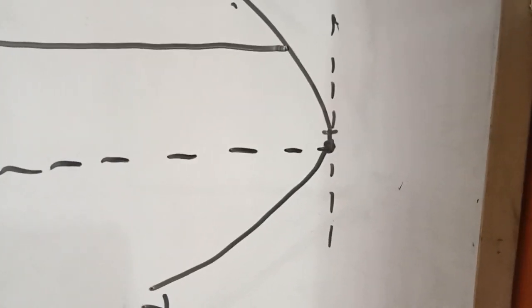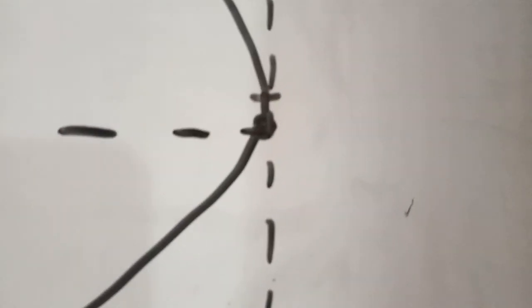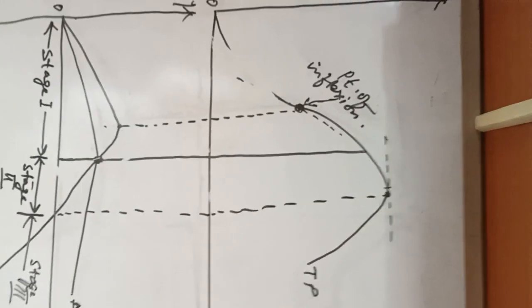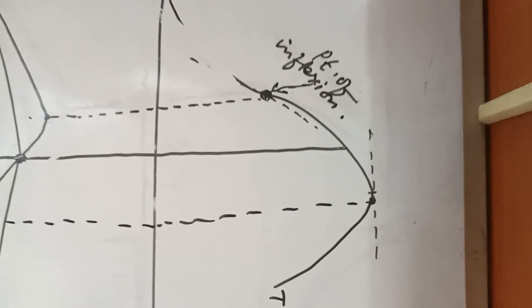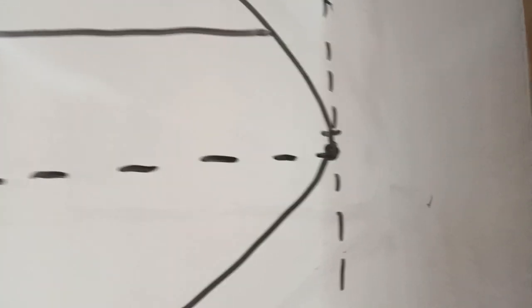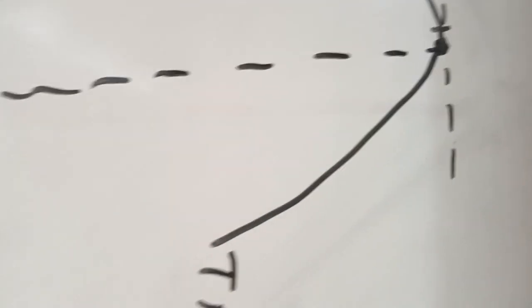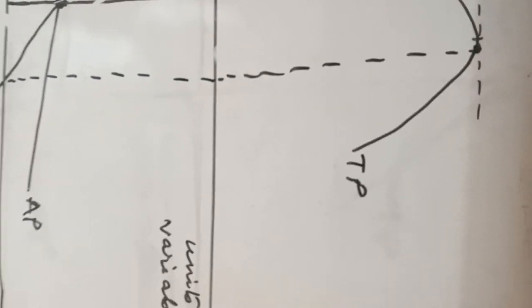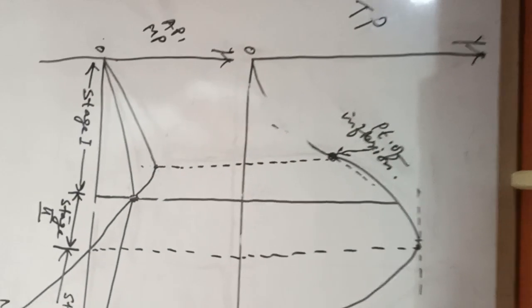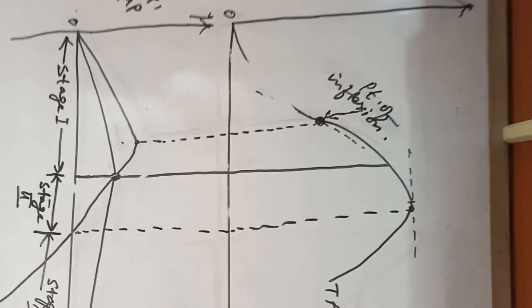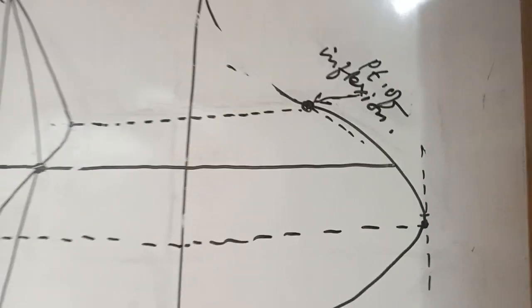Then, after rising and reaching the maximum, it remains constant for a very little while, and then total product falls. So this is the nature of the total product curve in the graph.